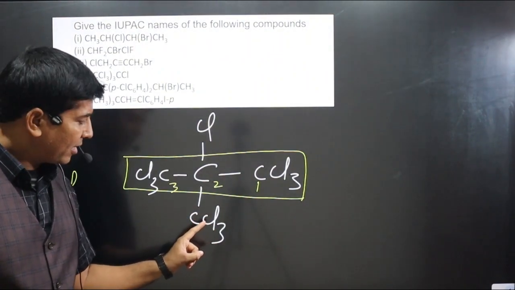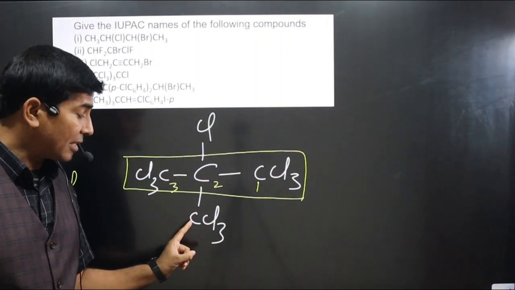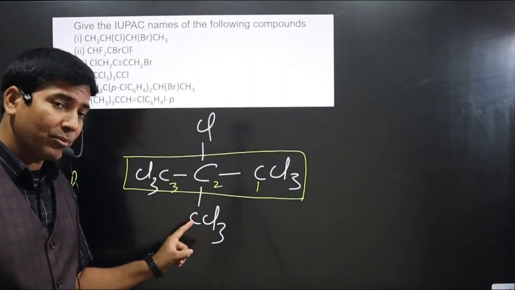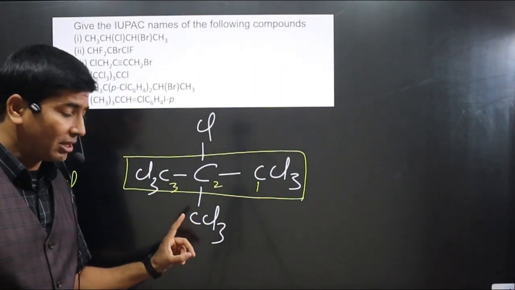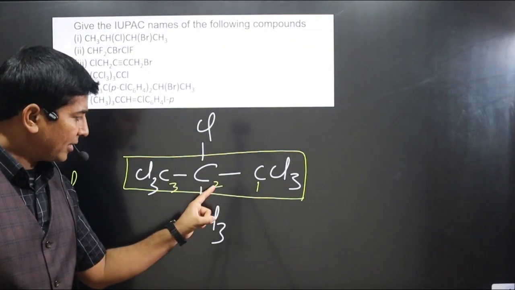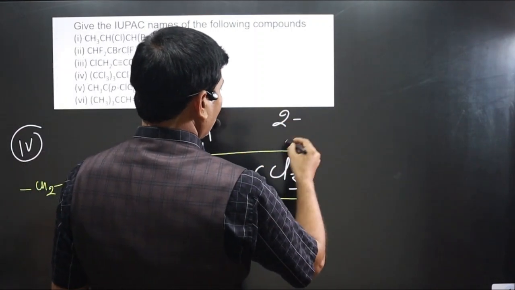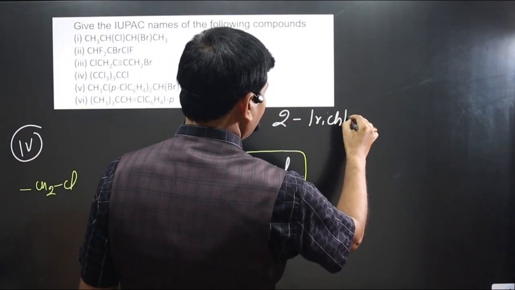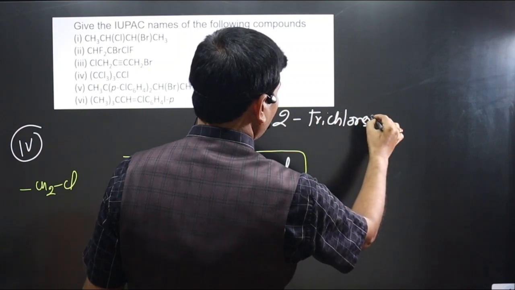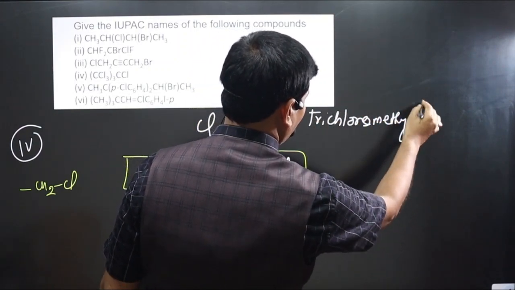Trichloromethyl, one carbon is there, and we cannot mention methane because it is not the parent chain, it is part of a group only. So we mention methyl, trichloromethyl, and it is attached to which carbon? Second carbon. So we mention 2-trichloromethyl.